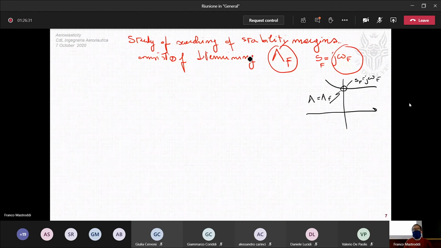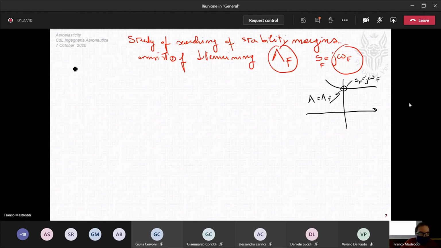These two equations are obtained from the characteristic equation when you impose a marginal pole, a pole of type j omega F, and then instead of imposing the whole characteristic equation equal to 0, you separately impose the real part of the characteristic equation equal to 0 and the imaginary part equal to 0. So those are the two equations useful for determining these two parameters.